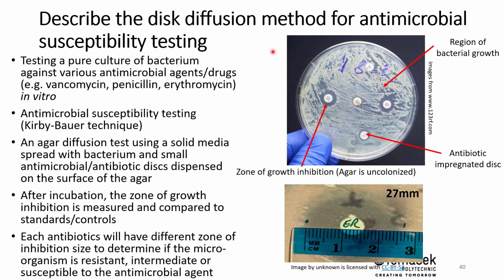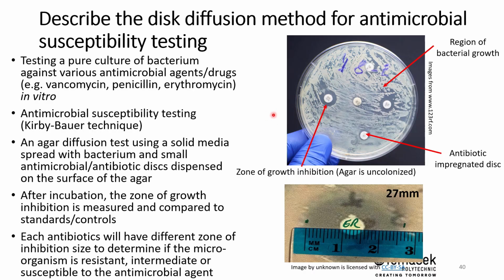It is an agar diffusion test which involves using a special plate of solid agar media, spread across with the test bacterium, typically using a spread plate, and then using small discs containing a pre-measured dose of the antimicrobial or antibiotic dispensed on the bacterial lawn itself.